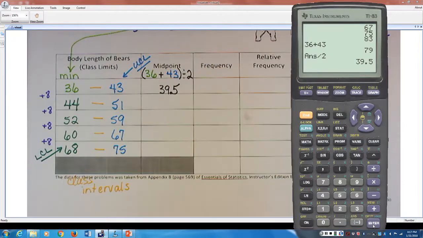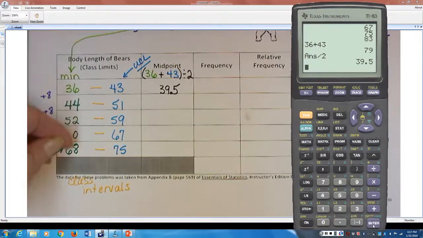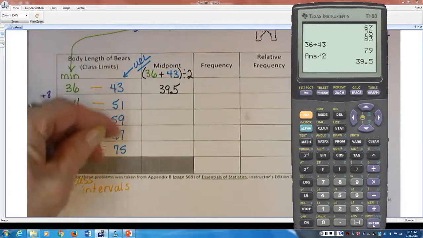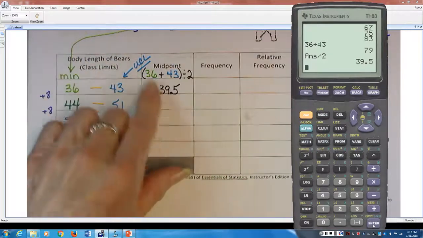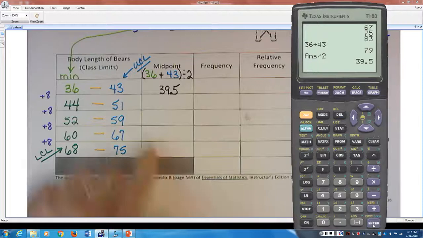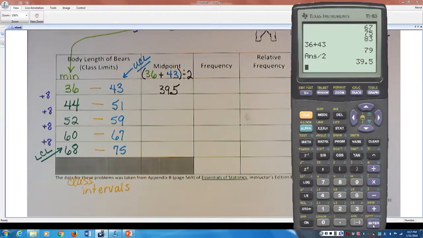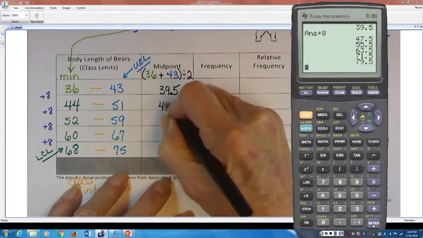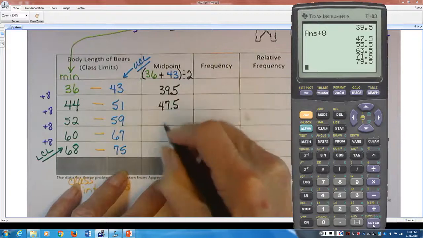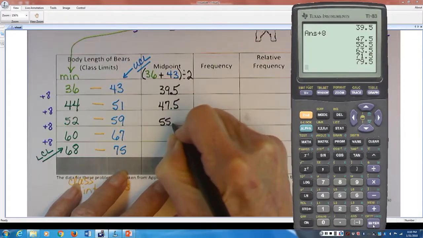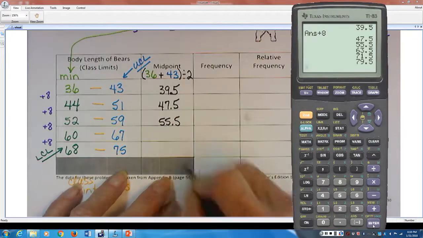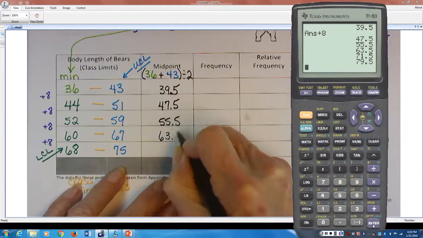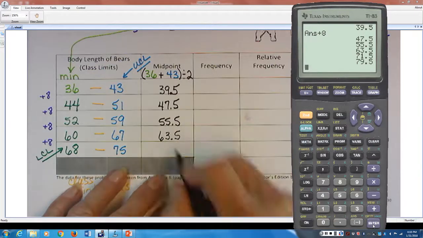And then since I know I'm going plus 8 all the way down the table, I'm going to do the same thing here. I'm going to add 8 until I get the rest of them. So 47.5, 55.5, 63.5, and 71.5.